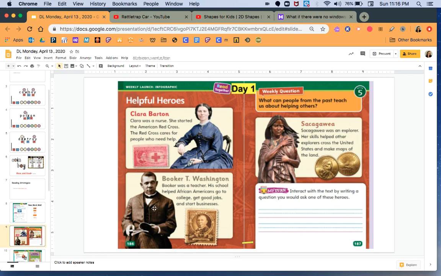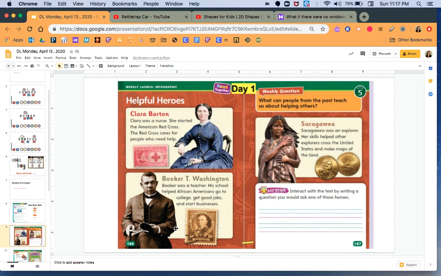This is a man named Booker T. Washington, and Booker T. Washington was a teacher. His school helped African Americans go to college, get good jobs, and start their own business. And so we had talked about how in our country people who were African American had a harder time with segregation and those terrible, awful laws that were in place, and that it took many brave people to stand up and say those laws were not okay.